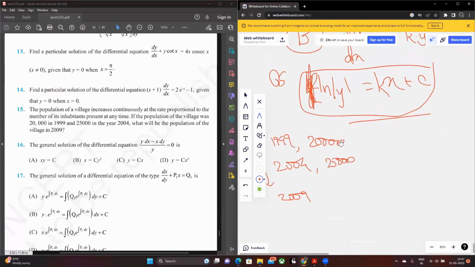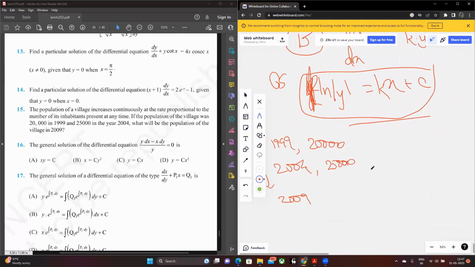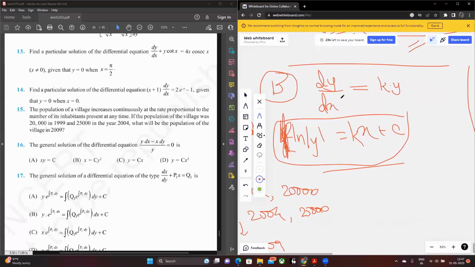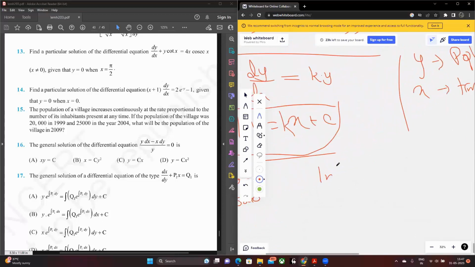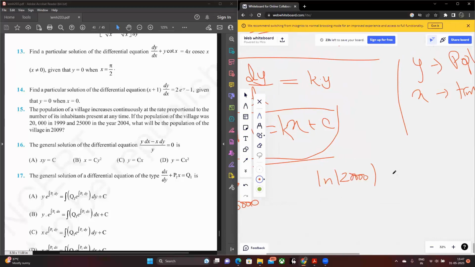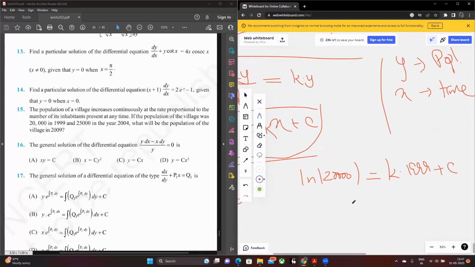So first of all, notice that this is ln mod y equals kx plus c. And so ln mod 20,000 is equal to k into 1999 plus c.